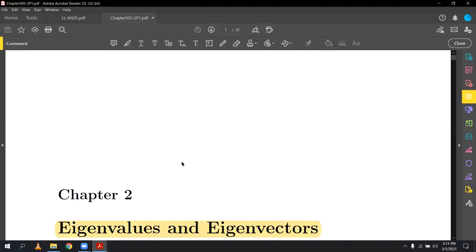As I told you, this part of the syllabus behaves like an application of the first part. What we did in the first part makes this easier to understand. It also plays a very important role in engineering problems and in solving differential equations, or in other words, the eigenvalue and eigenvector.